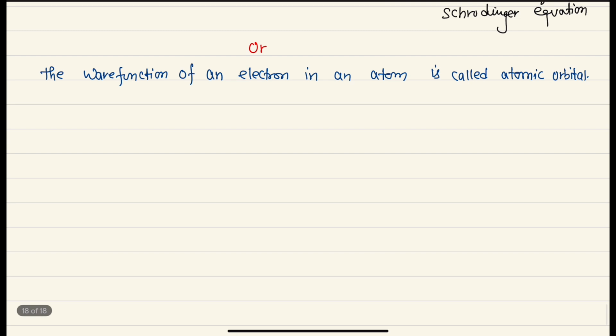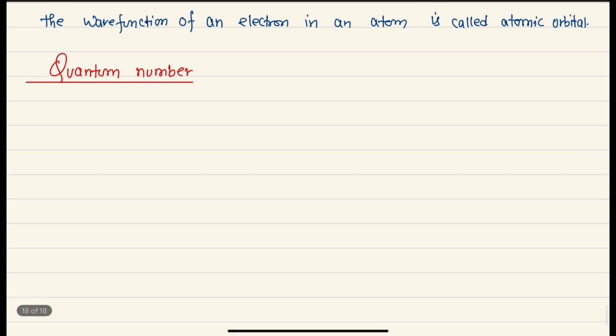And the first of those 4 quantum numbers is the principal quantum number, and that is denoted by a small n.